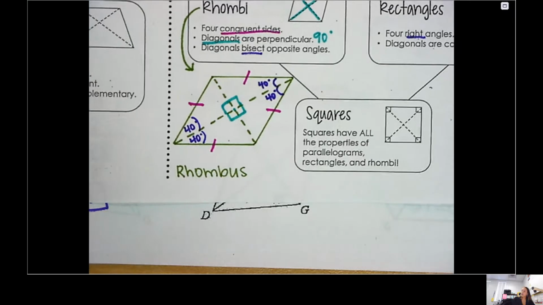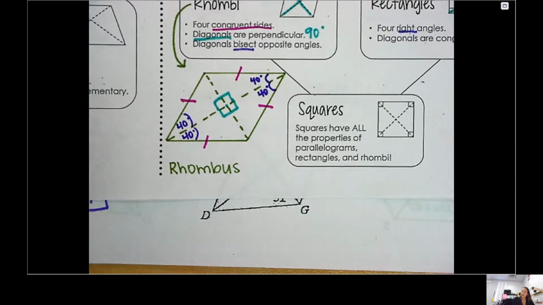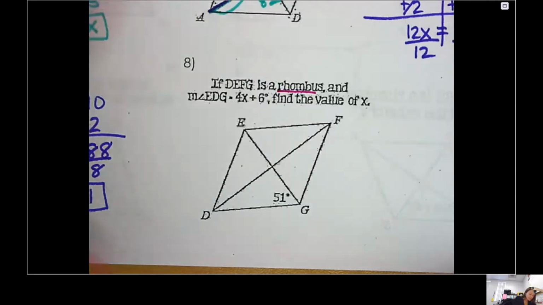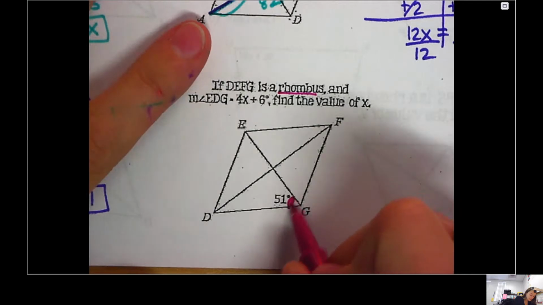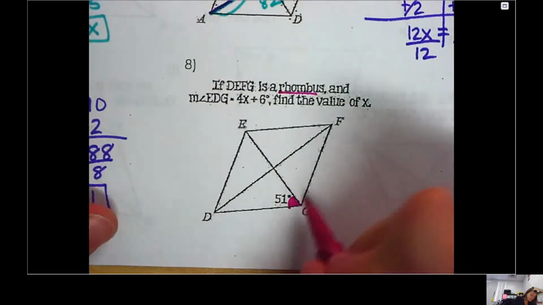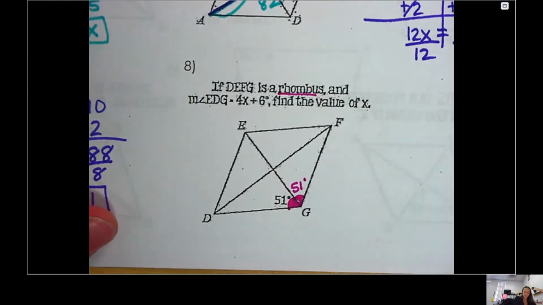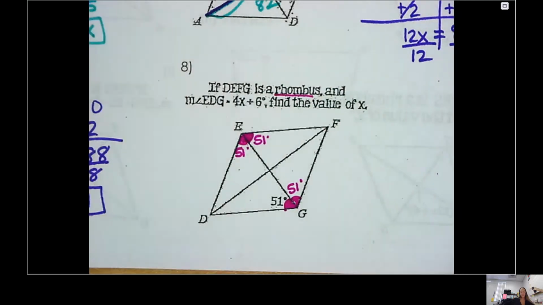I also know that angles across from each other are congruent. Because this piece of angle G is 51 degrees, this piece over here is also 51 degrees. Then this is 51 at angle E, and the other side of angle E is also 51 degrees. That's so much information given to me.